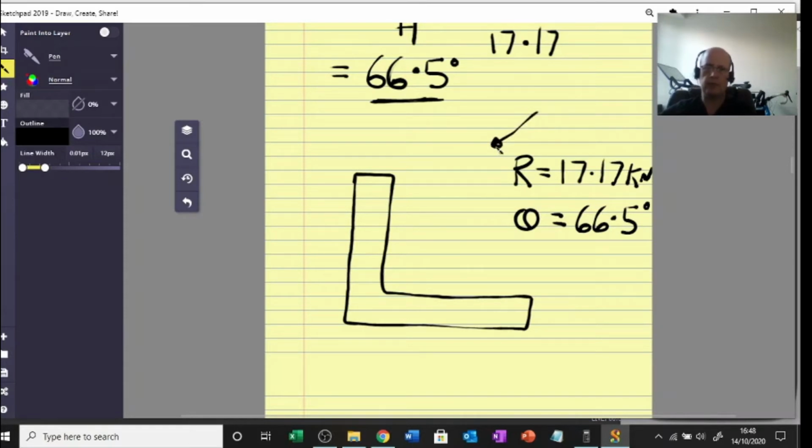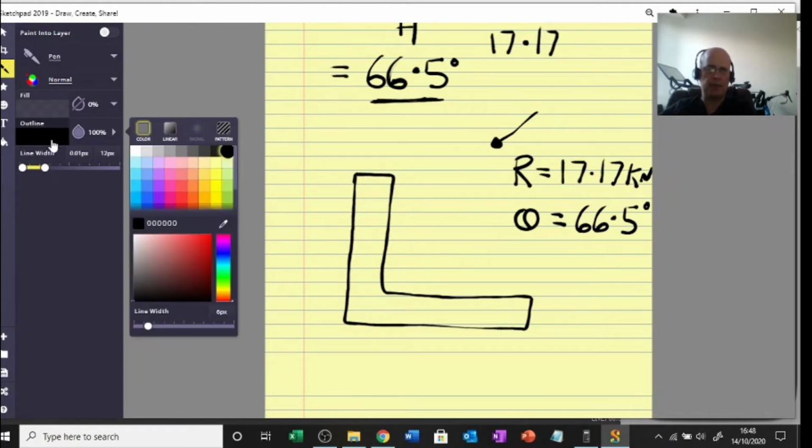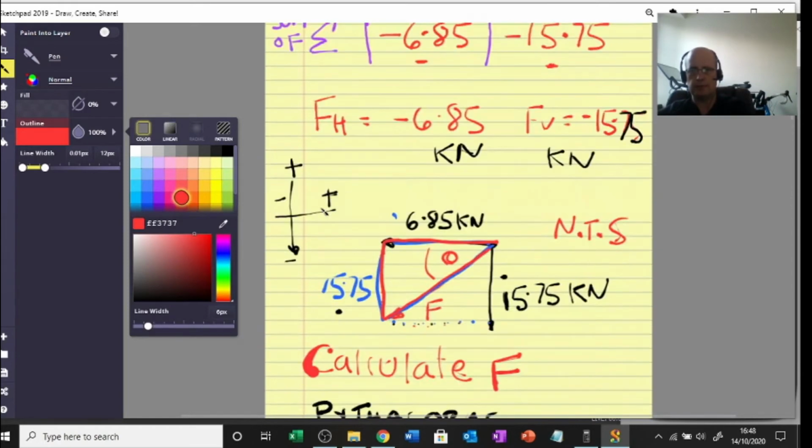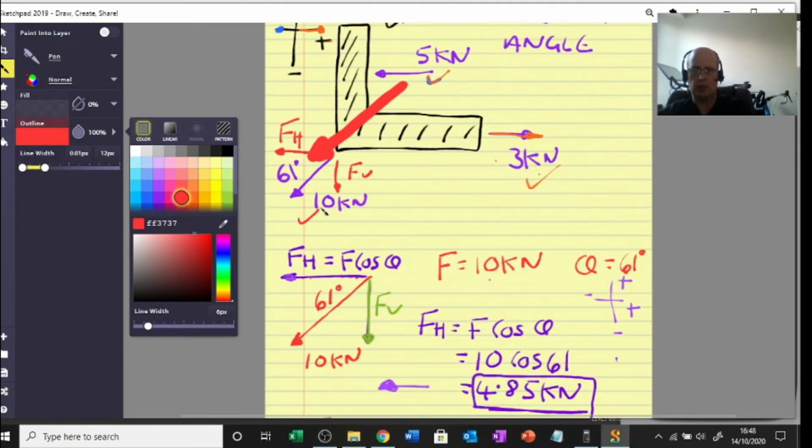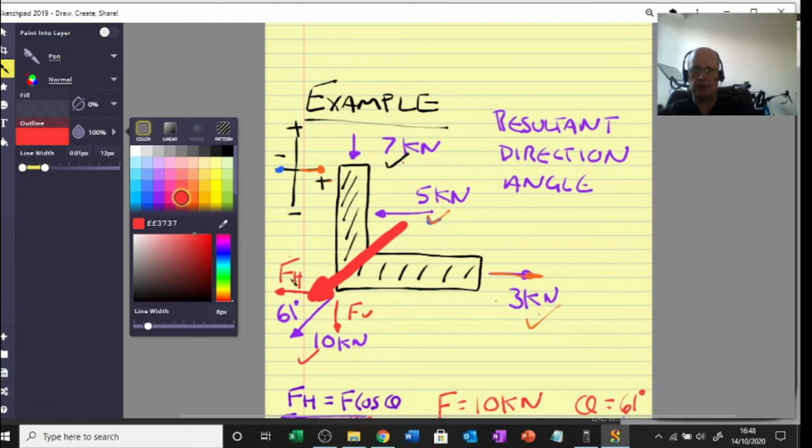There's more we can do with this, like moments to work out exactly where this thing is, because we don't really know where it is. But it's something like that. Out of all of these forces up here, the 5 and the 3 and the 7 and that angled 10, we've got a big 10 pulling it down and a big 7, small 3s pulling it that way.